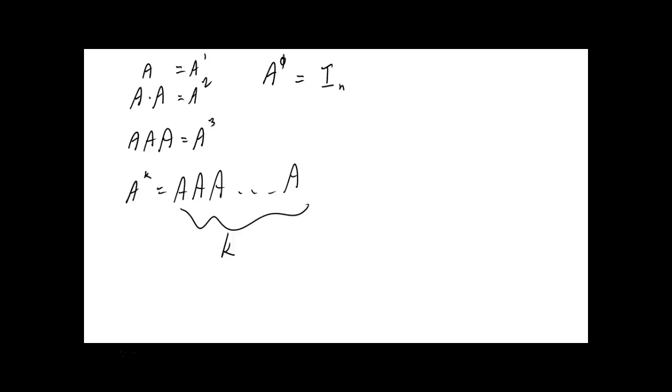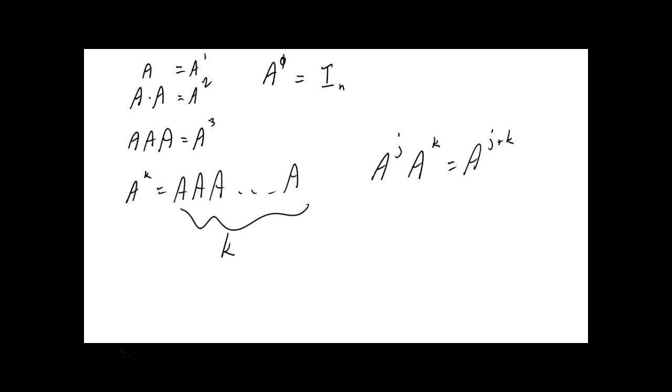Now, with that in mind, here are some other definitions. What if we have A to the jth power multiplied by A to the kth power? Do you want to hazard a guess what that could yield? A to the j plus k. And here's why.